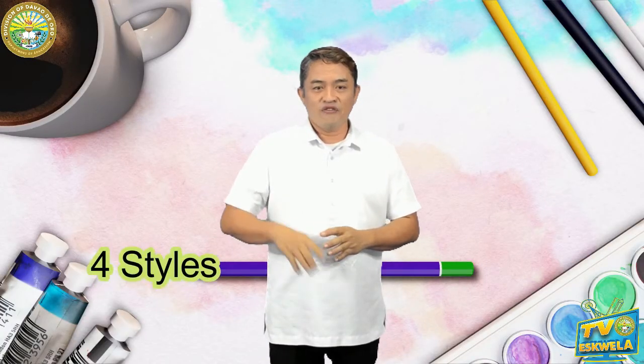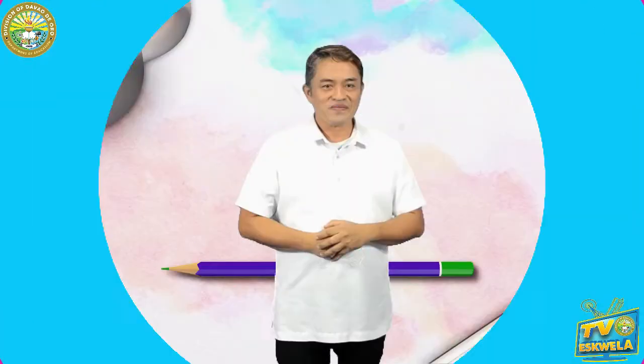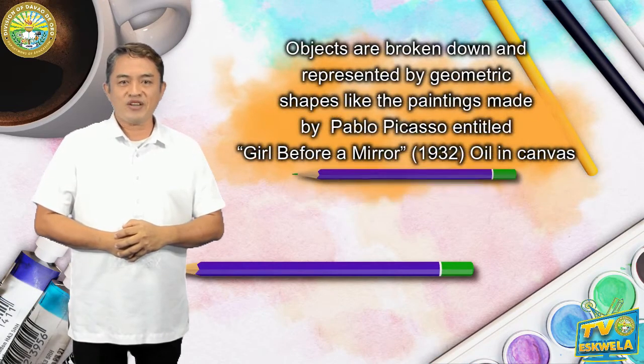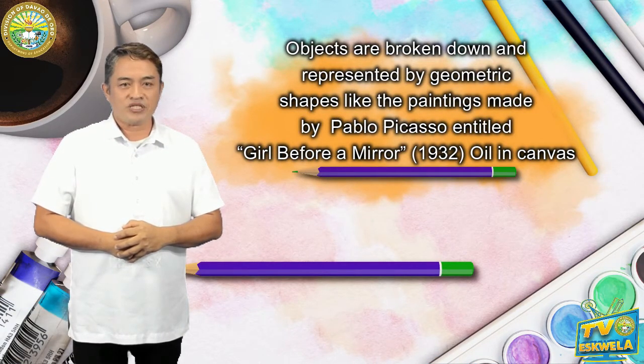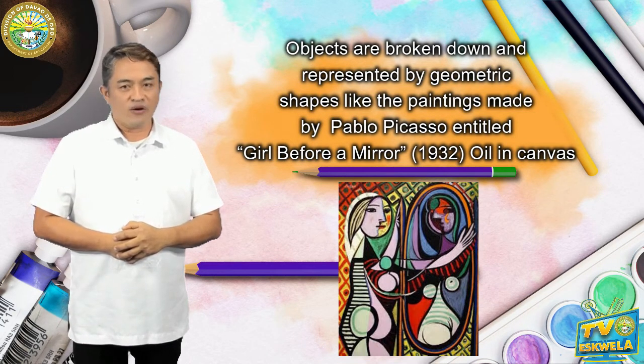These are the 4 styles of abstractionism. First, Cubism. Objects are broken down and represented by geometric shapes like the paintings made by Pablo Picasso entitled Girl Before a Mirror in 1932, oil on canvas.